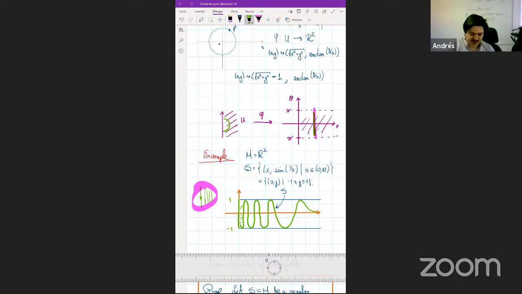And that's exactly what you study: the points of the vertical segment are accumulation points. So this is an example that is not a regular submanifold. You cannot find adapted charts on the points on this vertical segment. On the other points you can, but points there do not admit any compatible chart. Okay? So S is not a regular submanifold.